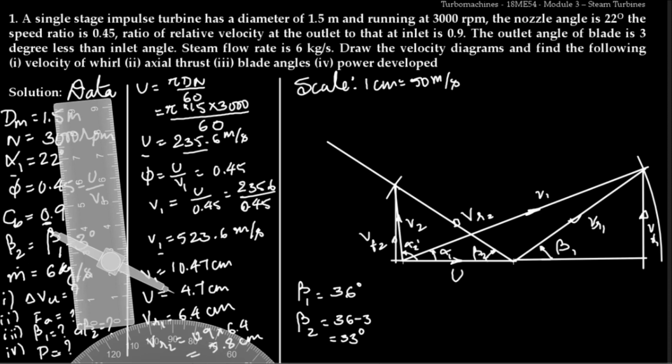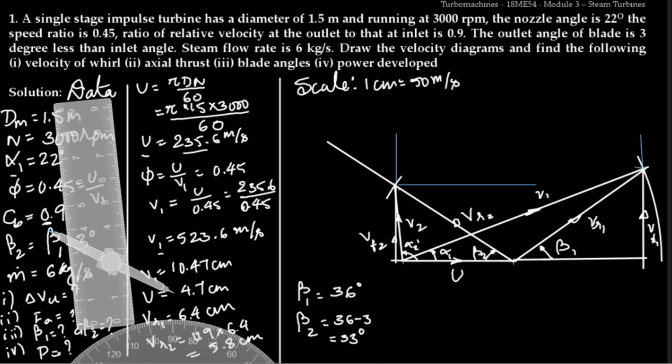Now we need to measure a few parameters here. So for that, first I'll draw projection lines. From this point and from this point I'll draw another vertical line here, and from this point I'll draw a horizontal line.